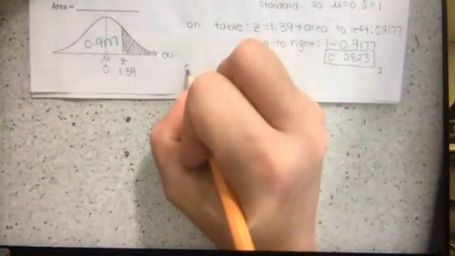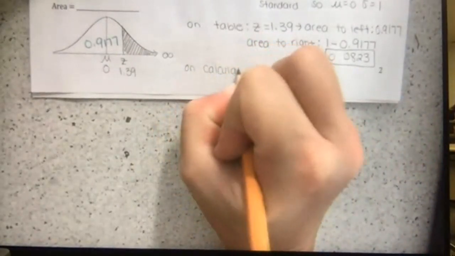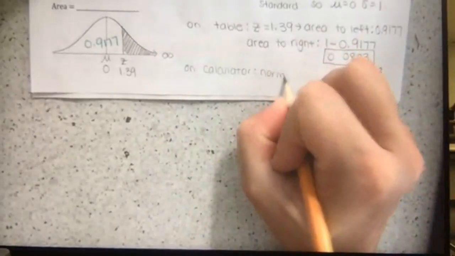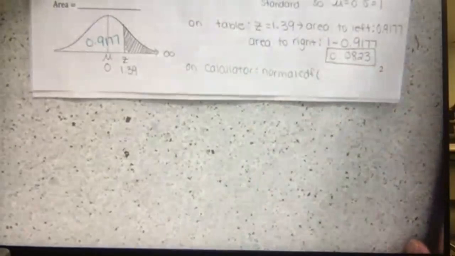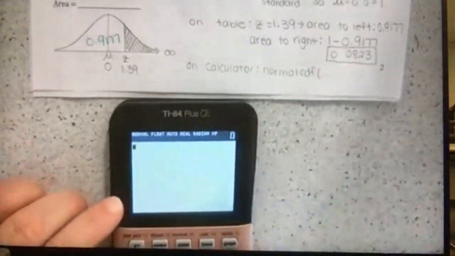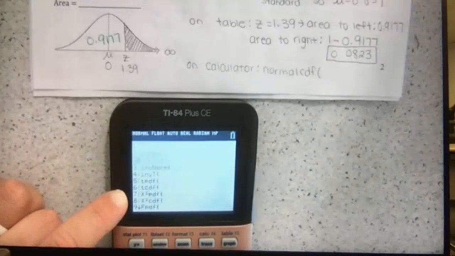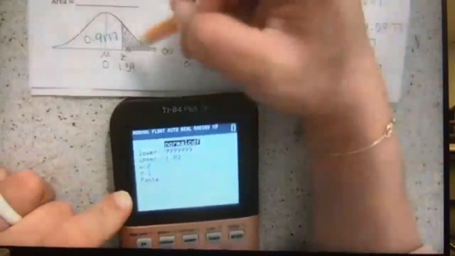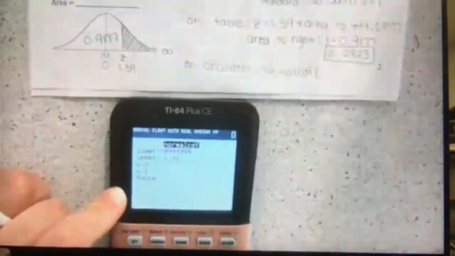On our calculator, nothing's changed because we're going to tell it left and right what our boundaries are. We're still going to go to normal CDF. Remember, normal CDF is second vars, going down to normal CDF. Now our lower boundary, going from left to right, the graph starts on the left-hand side at 1.39.